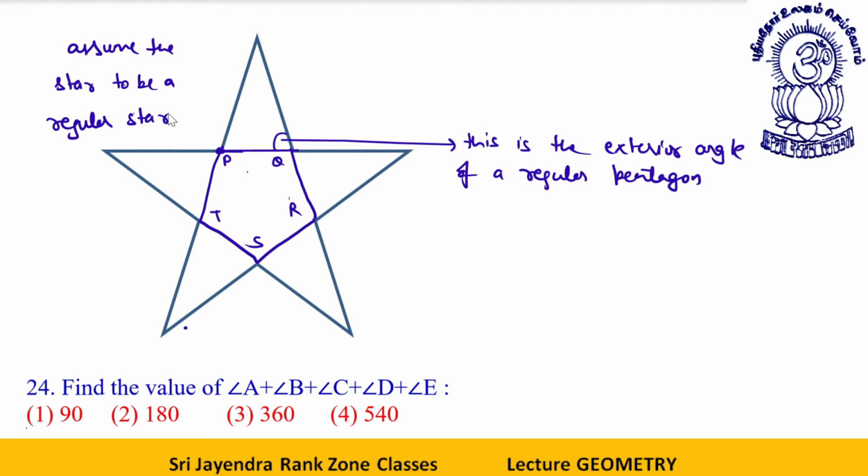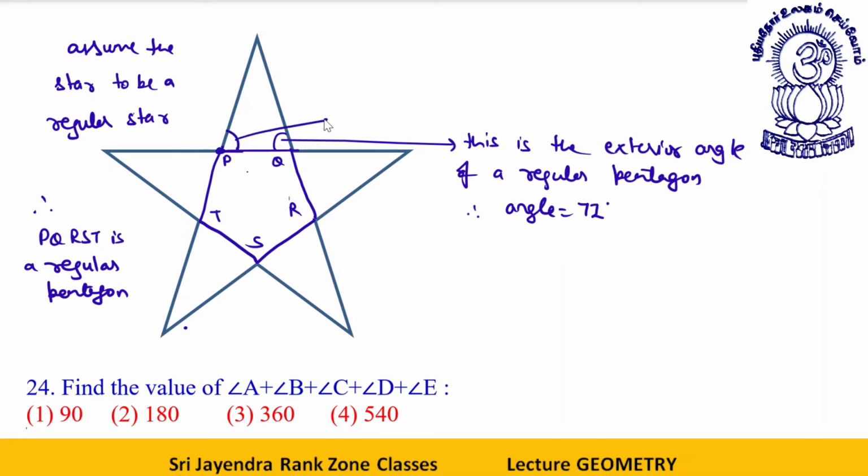Therefore, PQRST is a regular pentagon. This is the exterior angle of a regular pentagon. So this angle will be equal to 72 degree. Now, my dear beloved students, all these angles will be 72 degree.